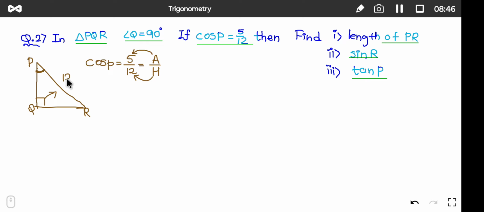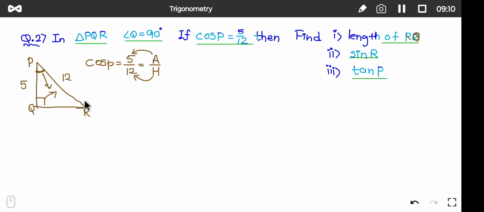So this side is 12. And the opposite side of P is QR. But we want adjacent, so the remaining side PQ is our adjacent. So this 5 is our adjacent value. So we have to find out the length of QR here. In the question it is here, find the length of QR.